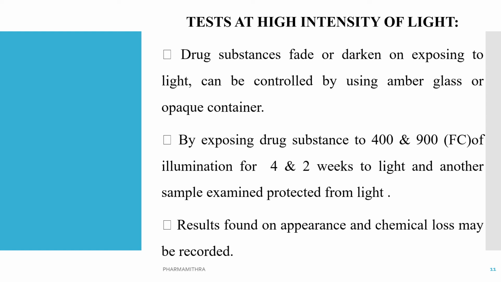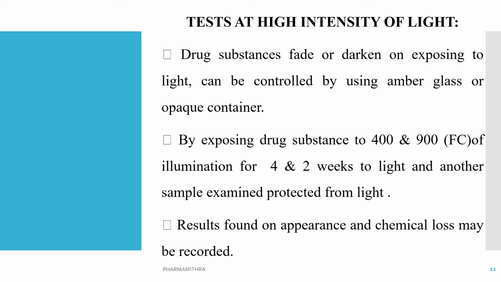Next condition is that we carry out the test at high intensity of light. Normally, if you want to control the light, we keep the product in an amber color or opaque container. In the opposite manner also we can carry out the test, that is, we expose the drug substance to 400 and 1000 foot candles of illumination for 4 and 2 weeks, and another sample we keep protected from the light.